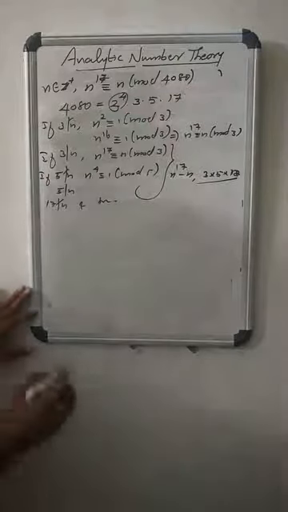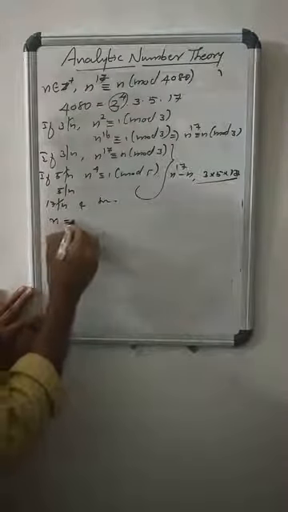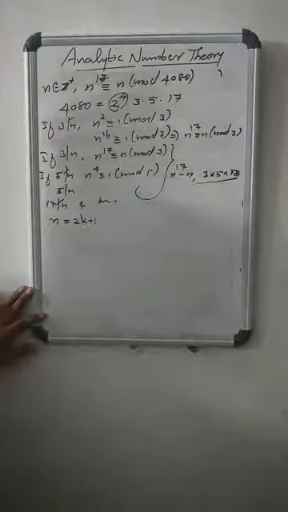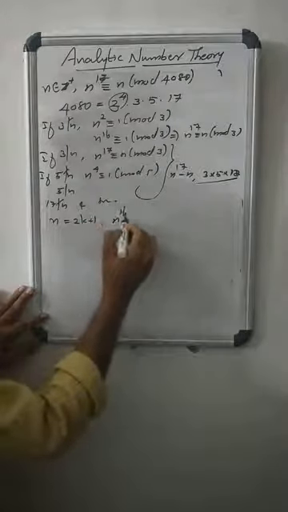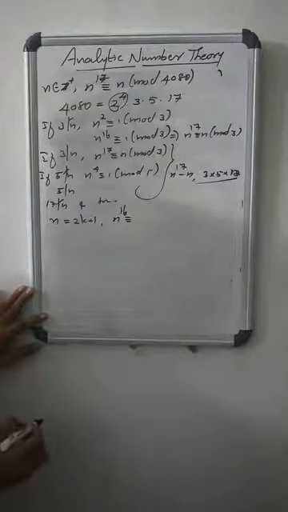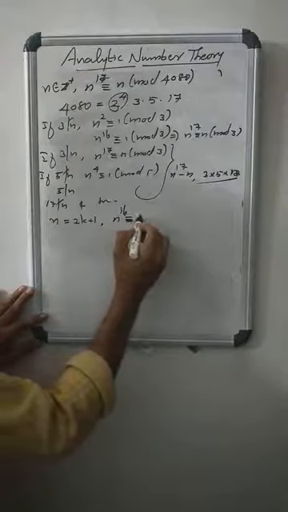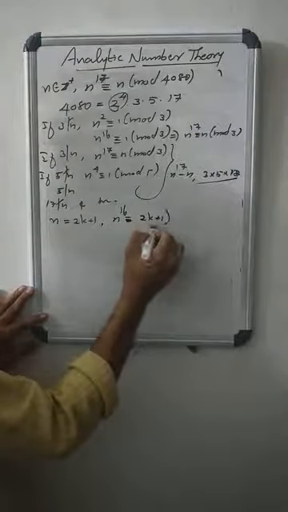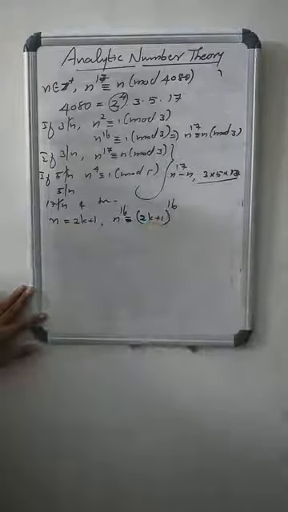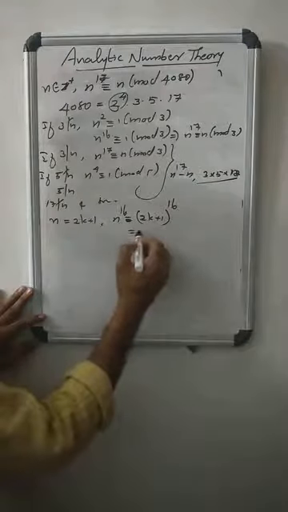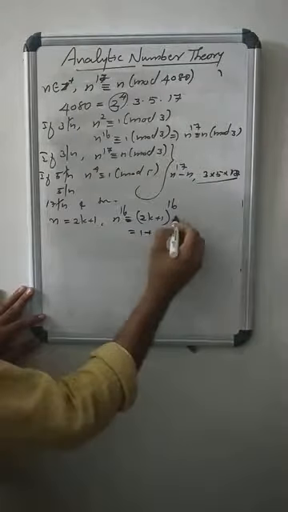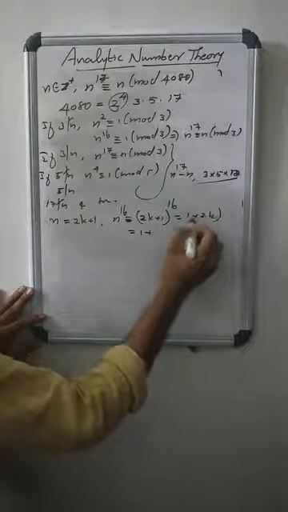Now consider, suppose n is odd. n is odd means n equals 2k plus 1. So what about n power 16? n power 16 equals 2k plus 1 all power 16. According to the binomial theorem, it is 1 plus 2k all power 16.